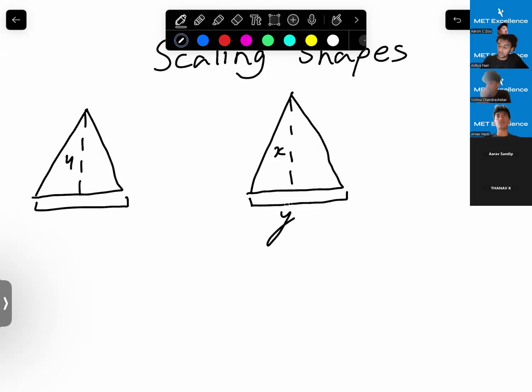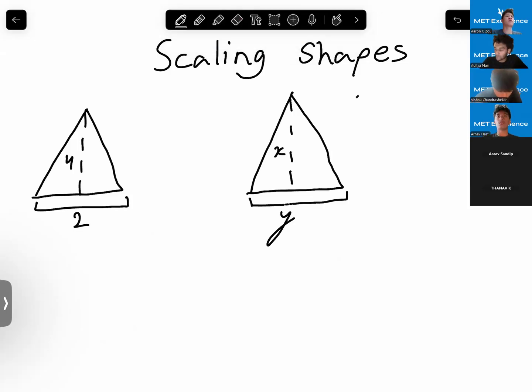No, this will be 2. Okay, area, this will be equal to 16.